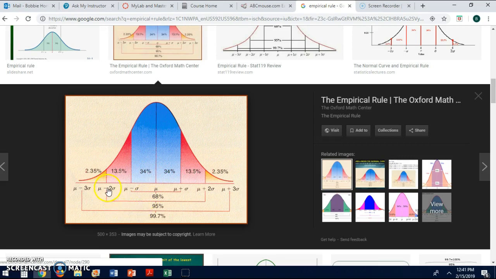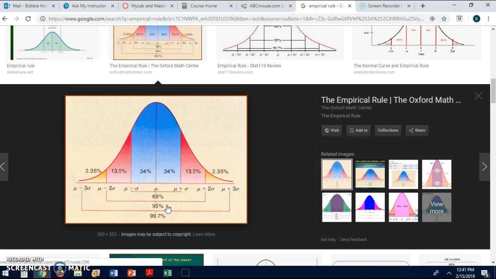If the numbers are normally distributed, then 95% of your values will fall within 2 standard deviations of the mean, and almost all of your numbers will fall within 3 standard deviations of the mean.